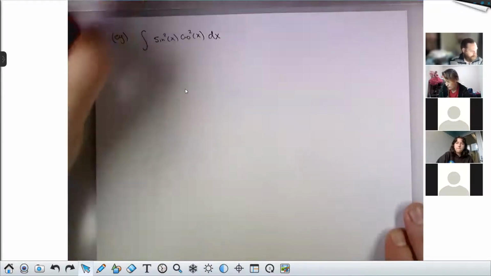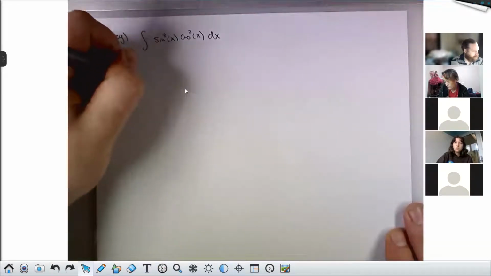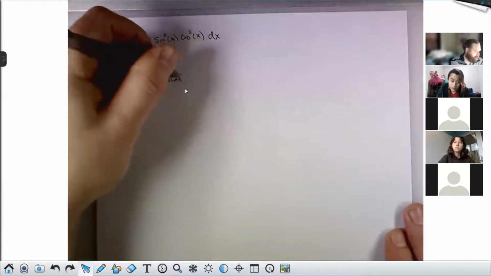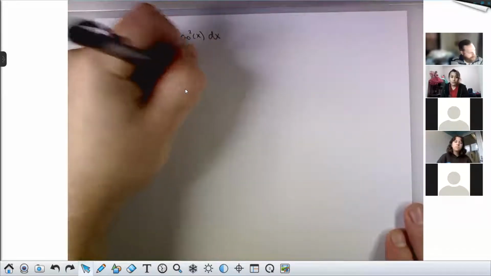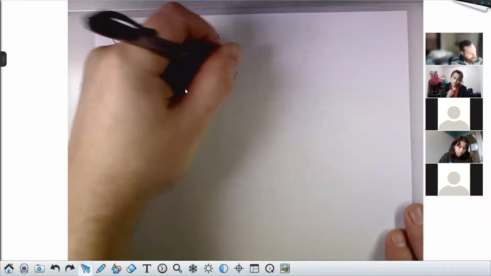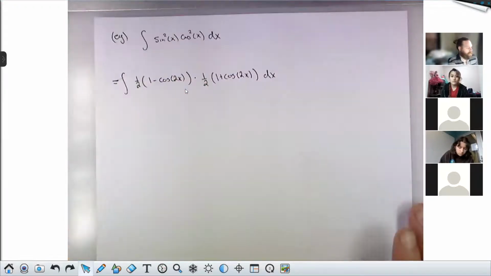Again, both even, so half angles. Sine squared x is 1/2 times 1 minus cosine of 2x. Cos squared x is 1/2 times 1 plus cosine of 2x. And dx is still just chilling.